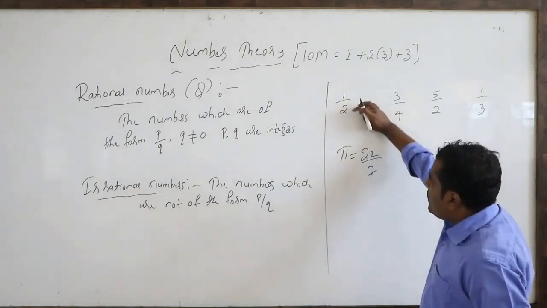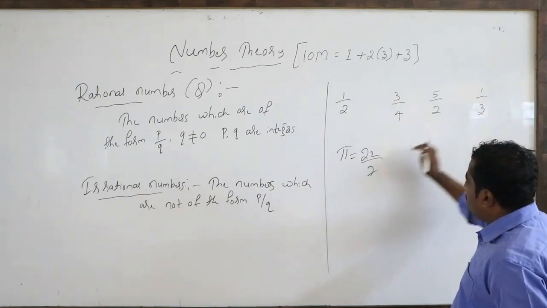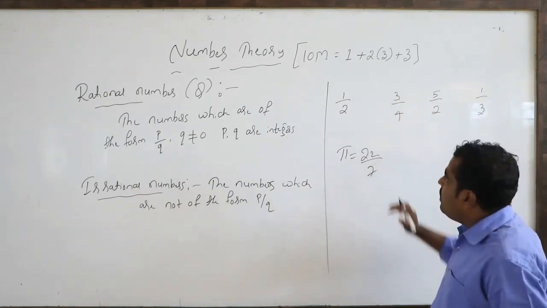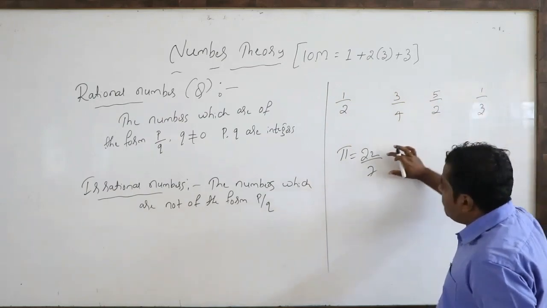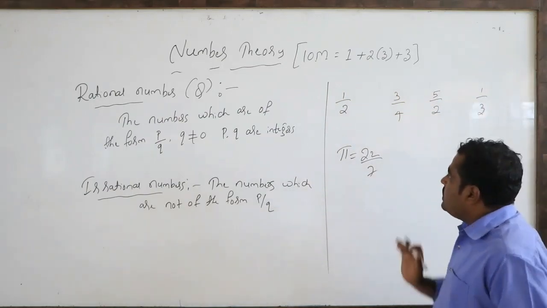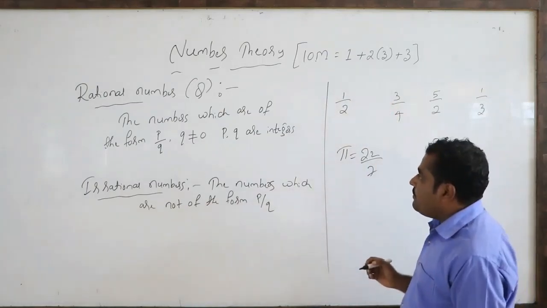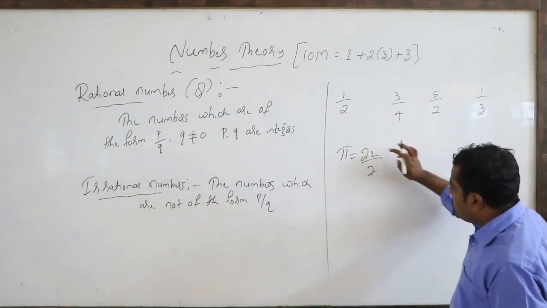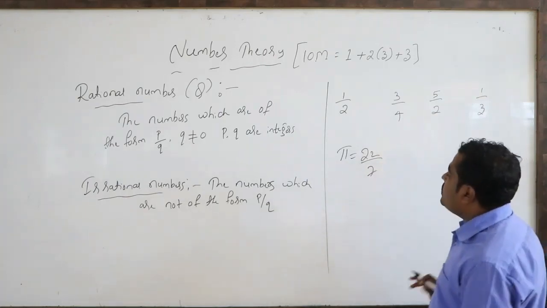All are in the form of P by Q. All these are irrational numbers except pi value? Why? Before that I said if it is in the form of P by Q, it is rational, and 22 by 7 is in the form of P by Q. Okay, so listen here.